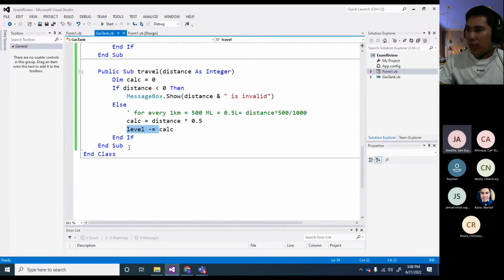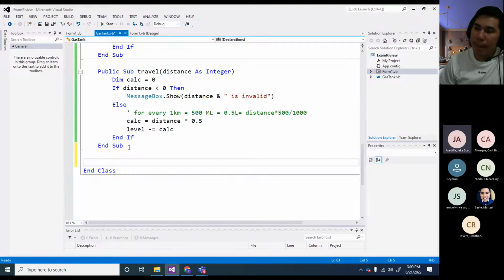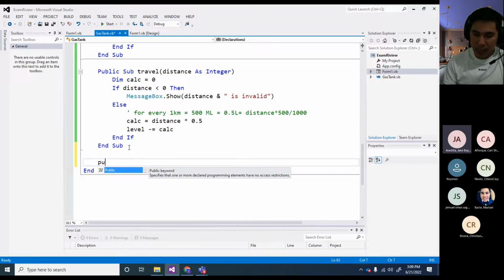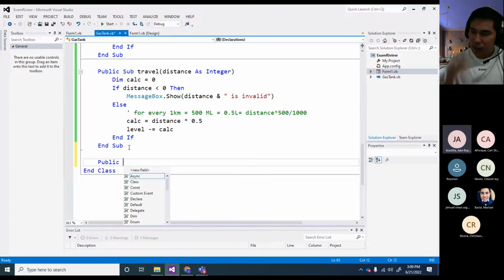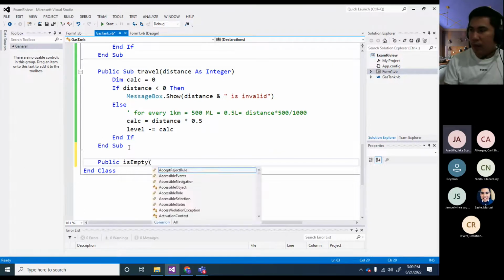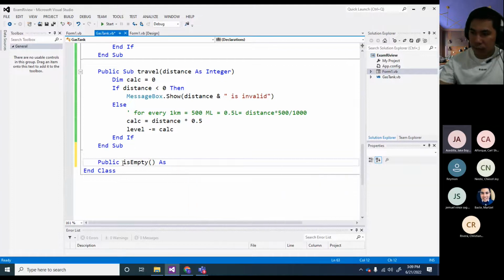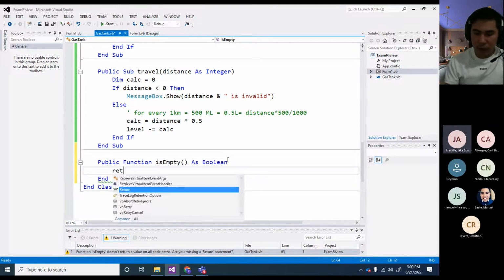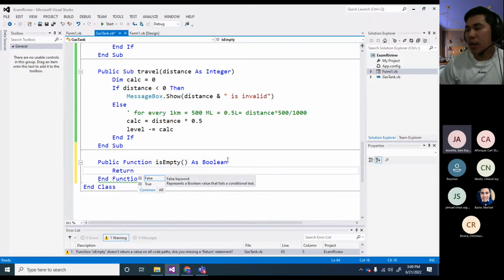Okay, so let's add a bit more for our dashboard to be complete. So we add a public function, is empty. How do we know our tank is empty? How do we tell if it's empty, guys?